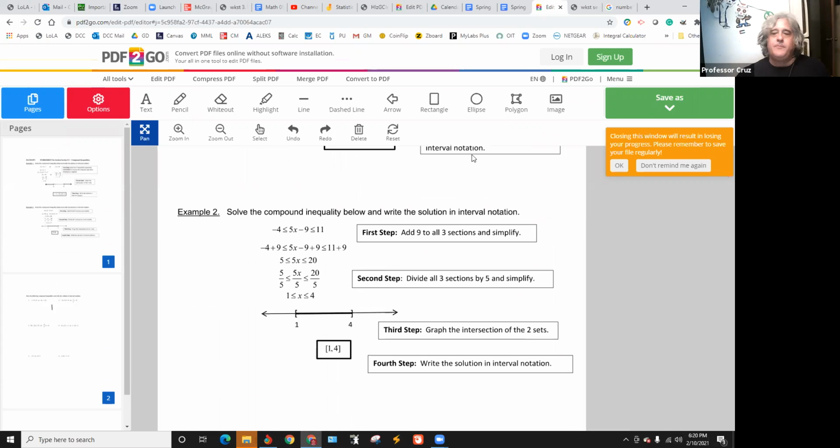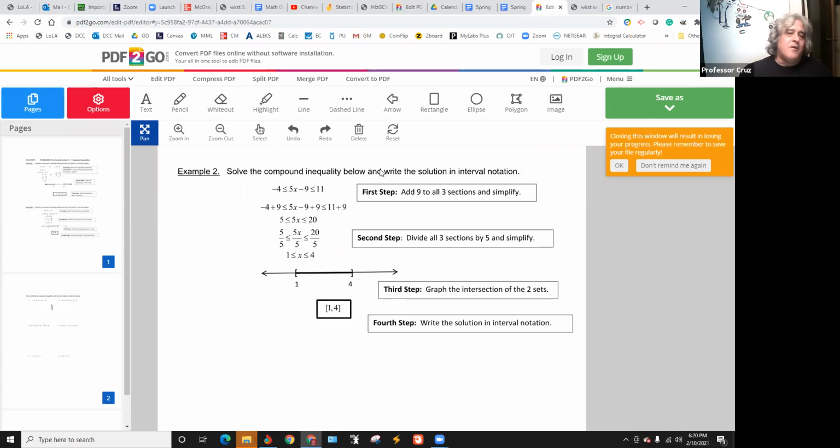Now this one doesn't say or an and. I remember when I first started teaching this, they would always throw some ands in there, but I hardly ever see ands in the wild. They're usually like this, a 3-part inequality.